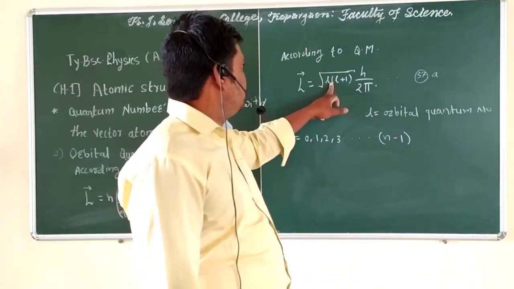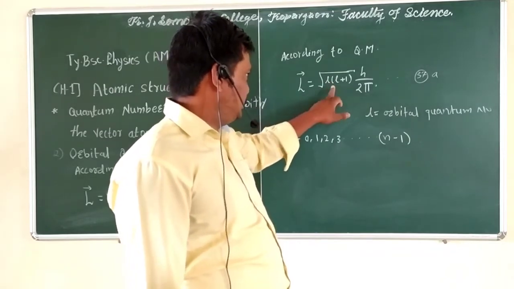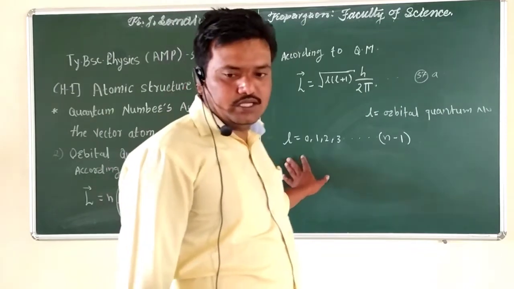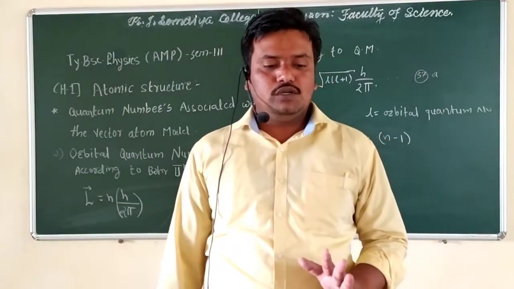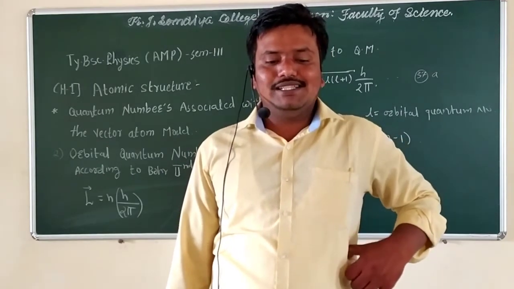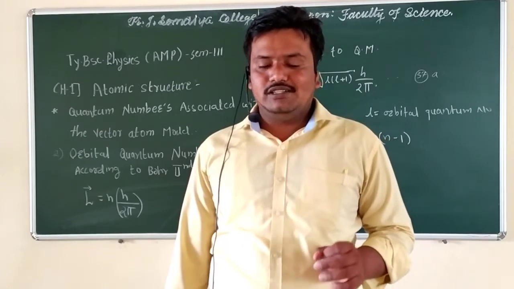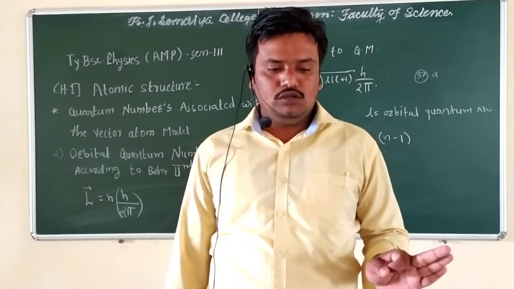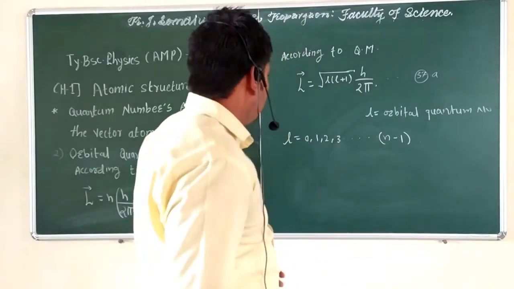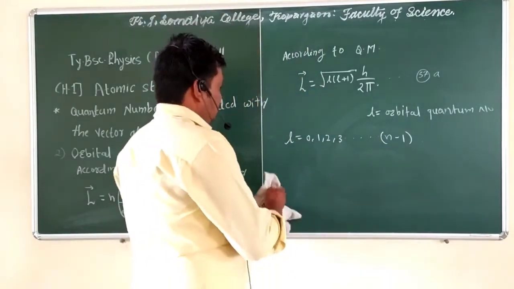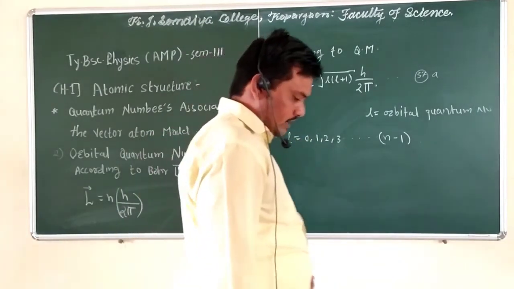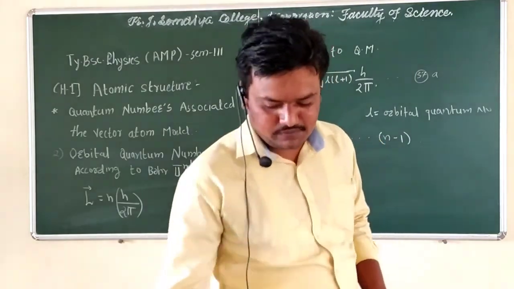This equation gives the information for L equal to 0. When the orbital quantum number is 0, the orbital angular momentum goes to 0, which is an acceptable value quantum mechanically. Classically, as we saw a few minutes ago, if the angular momentum is 0, that is not an acceptable value.